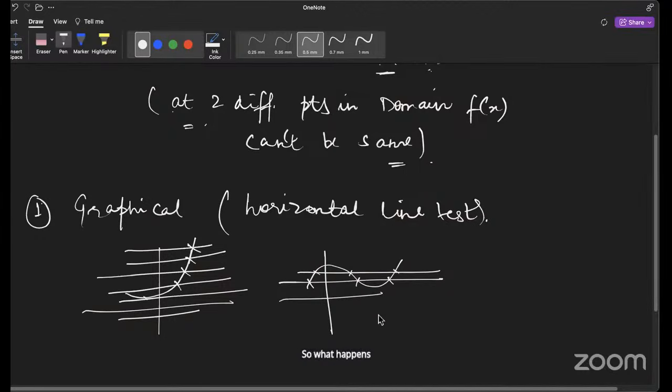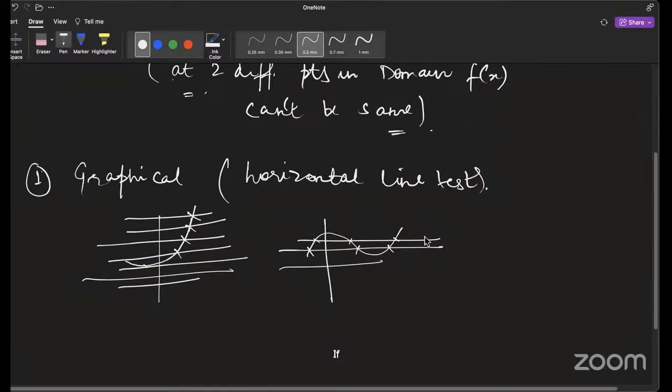So if you draw a horizontal line and your graph gets cut by the horizontal line at more than 1 point, then it's not a one-one function. Because here, let's call this x2 and this one x1, for two different x you're getting the same f(x).